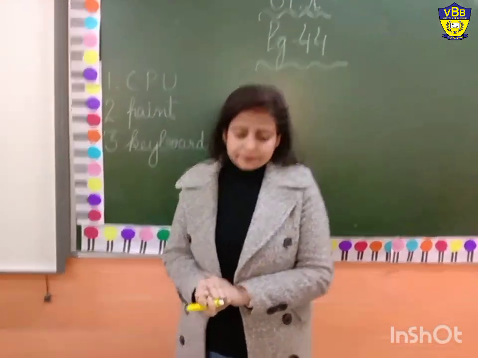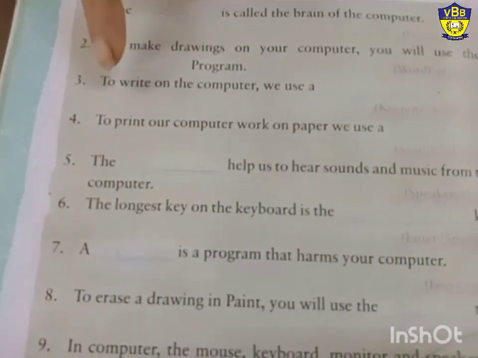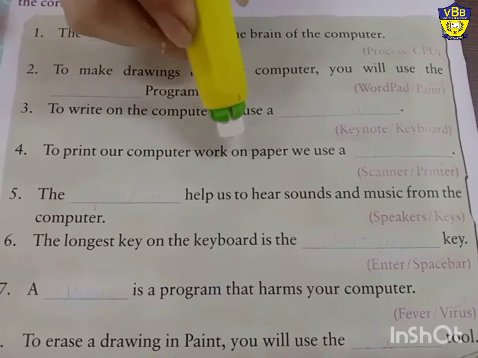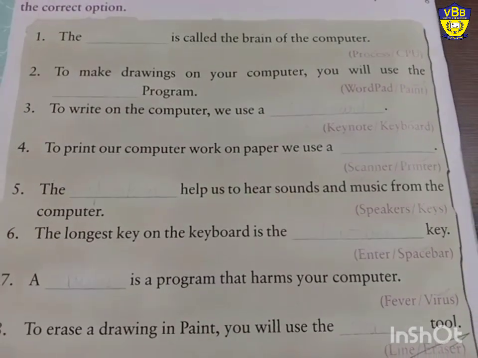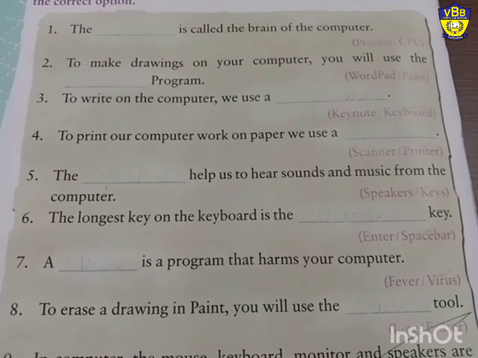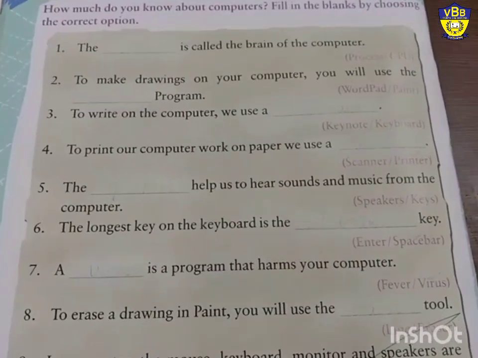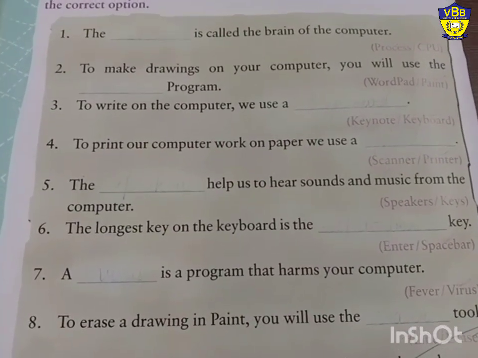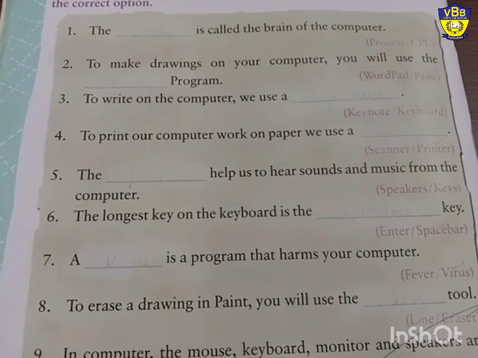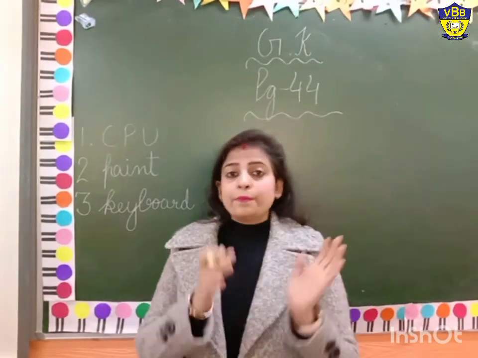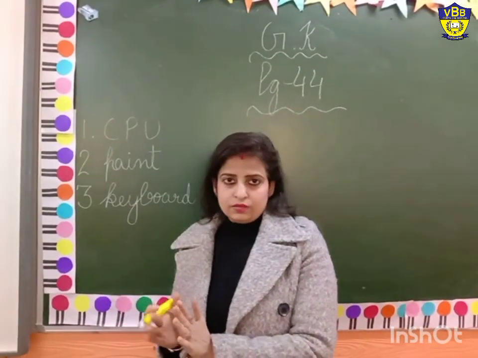Okay, students, now move to the next one. To print our computer work on paper, we use a dash. What do we use when we write something on a computer and we need to take out that work on paper? What helps us to take that work on paper?